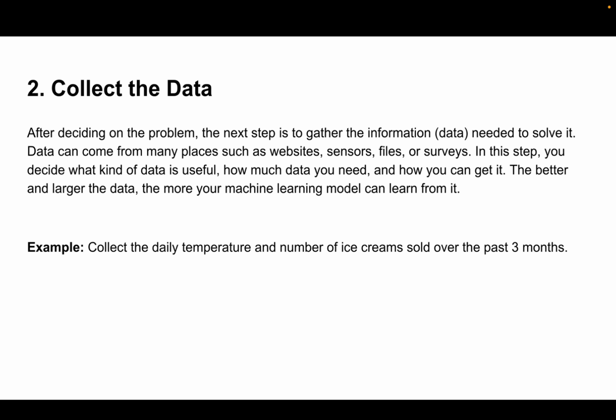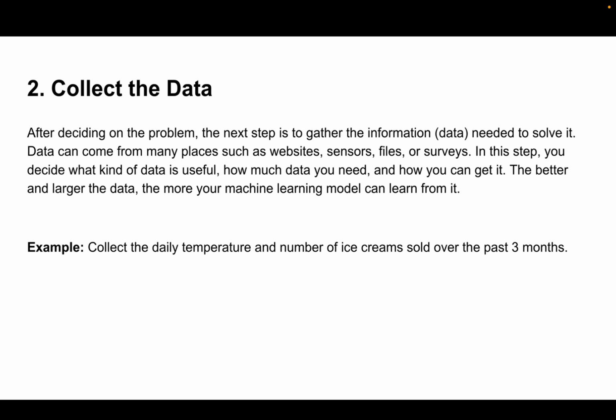Step 2, we collect the data. After deciding on the problem, the next step is to gather the information, that is, the data needed to solve it. The data can come from many different places, such as websites, sensors, files, or surveys.